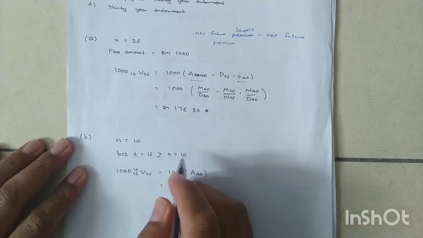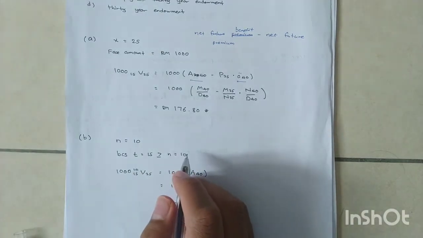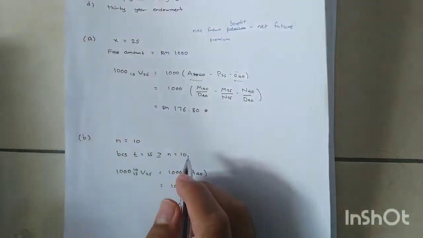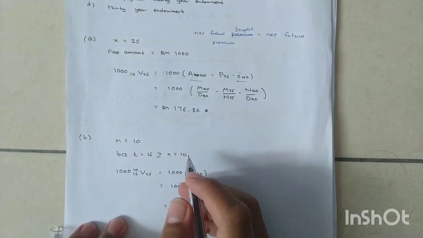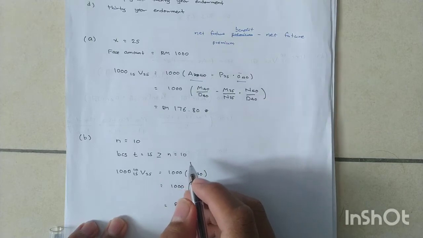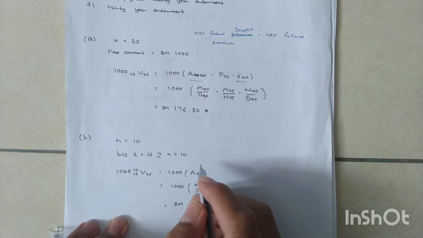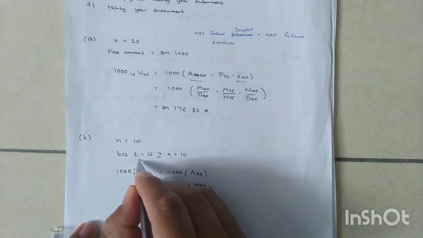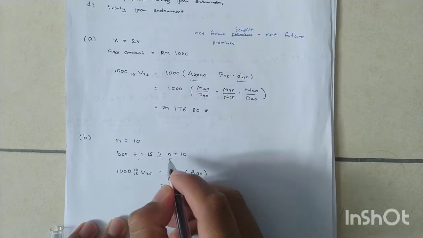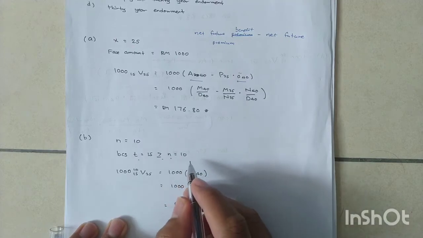So when terminal reserve is required at the end of a policy year after the end of the premium payment period, which is equivalent to t exceeds n, the value of the future premium will become 0.